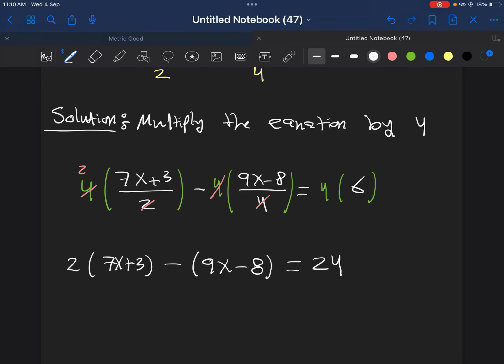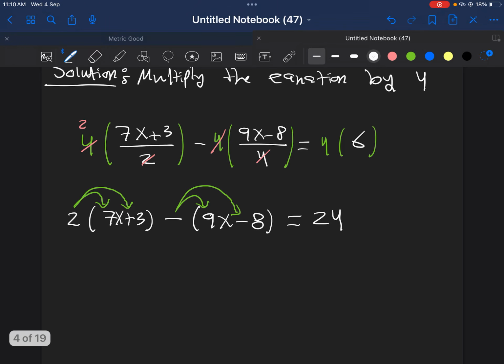The next idea is we just need to distribute the number among everything in the bracket. Even the negative will just go inside. So what we will get, 2 times 7, 14x, plus 2 times 3, 6, negative 1 times 9x, give me negative 9x, negative 1 times negative 8, this will give me plus 8, equal to 24.